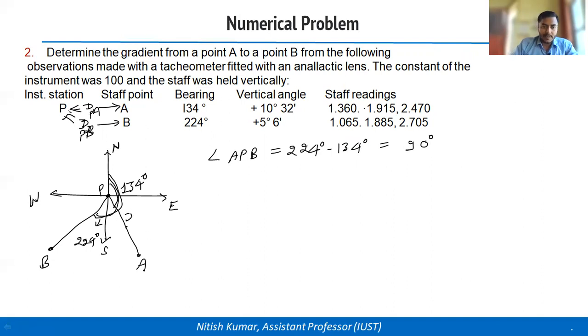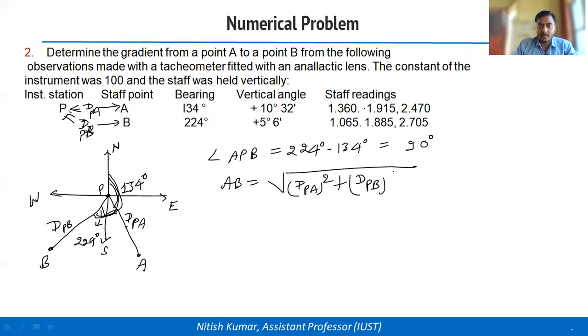So now we can calculate DPA and DPB. This is 90 degrees, so we can calculate the distance between A to B by taking the square root of DPA squared plus DPB squared. Am I right? So now we can calculate AB.